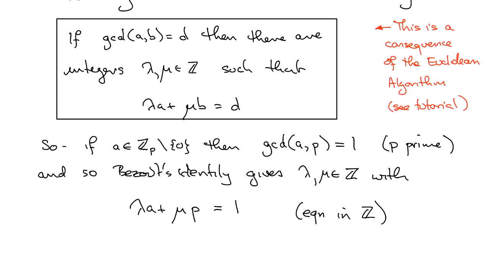As I say, working in Zp or Zn, there's often this blurriness. You do some stuff in Z and then reduce it down mod n, or mod p in this case, to something in Zp. So now we do that reduction. If I make this an equation in Zp, well, p is 0 in Zp.